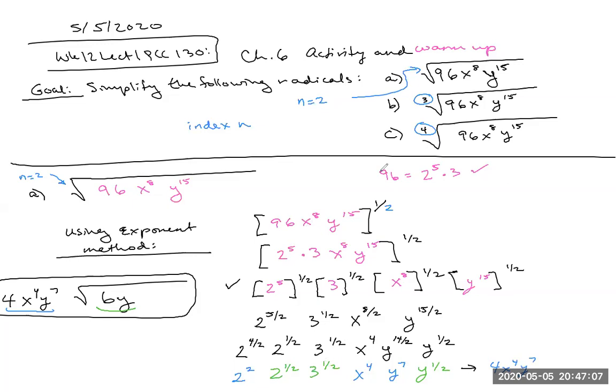And then all the stuff with the 1/2 power still, that's the stuff that's going to go back under the radical sign. Okay, so if you simplify this, 6y to the 1/2 becomes 6y square rooted.